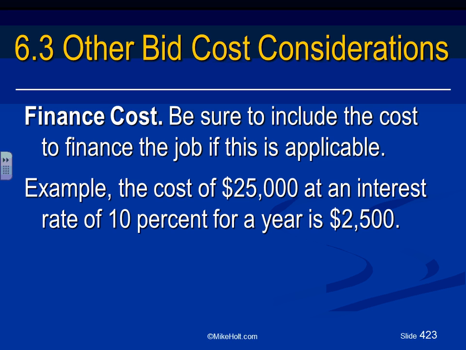For example, if you have to borrow $25,000 and the interest is 10% for 1 year, that is $2,500 you have to pay the bank as interest on the money that you borrowed to finance this project. So $2,500 must be allocated back into your project.